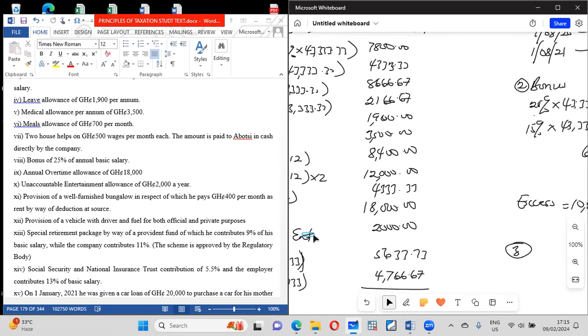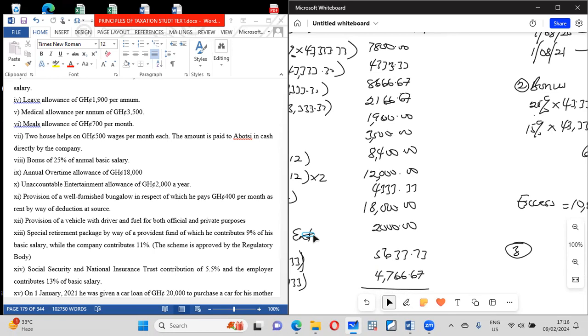The start 44,333.33, 8666.67, 2166.67, 1,009, 35, 84, 12K, 4333.33, 18K, 2K, 5633.33.